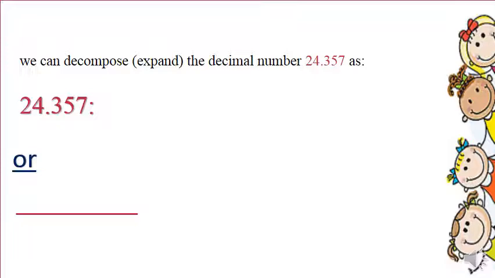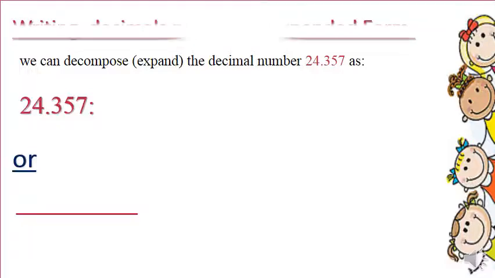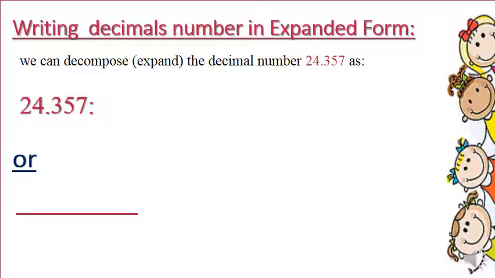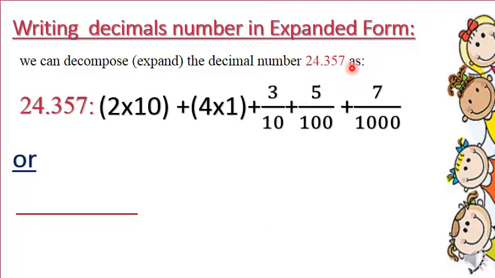Now we want to learn how to expand decimal numbers. We can expand or decompose, they have the same meaning, the decimal number, which is 24 and 357 thousandths, as we start from the last digit, which is 2.